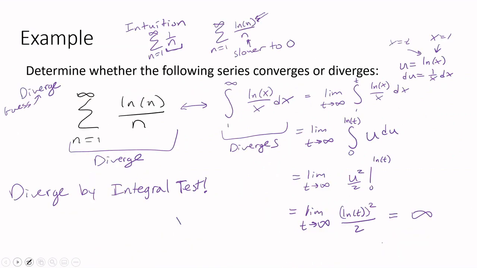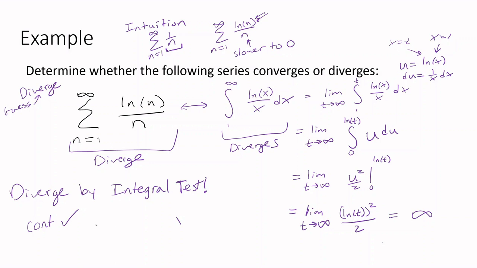This function is continuous wherever it's defined, so continuity is not too bad to see. Log is continuous on its domain. 1 over x is continuous also on its domain, so we don't have to worry about anything except these weird points at x equals 0. But x equals 0 is not in this integral, so I'm good.